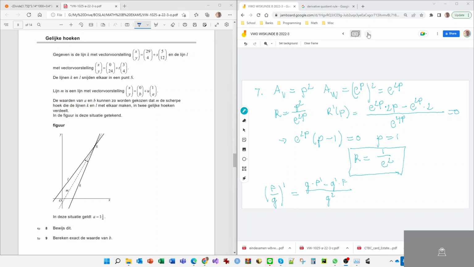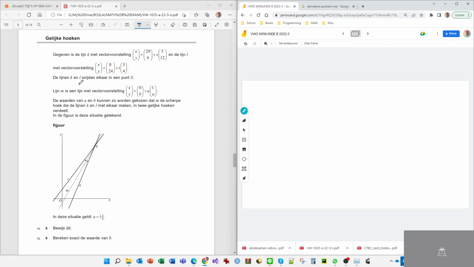Gelijke hoeken, similar angles. We have a line K given here. This kind of representation of a line you have to be familiar with, where you have one point on the line as well as the direction of the line.